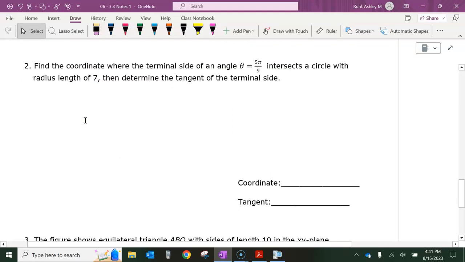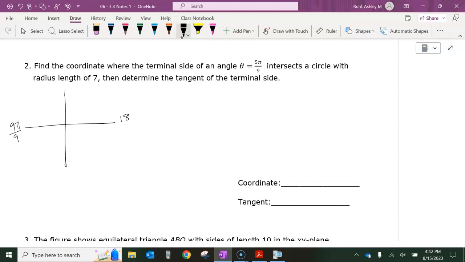Number 2, find the coordinate where the terminal side of an angle theta is equal to 5 pi over 9. Well, 5 pi over 9 is not on my unit circle. That's okay. We can go ahead and do it. We just kind of got to draw a picture and see what we've got to figure out where we're at. So if I have 5 pi over 9, let's try it. So this would be 9 pi over 9.